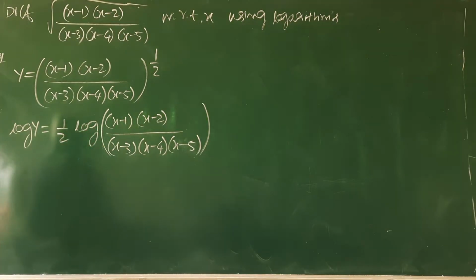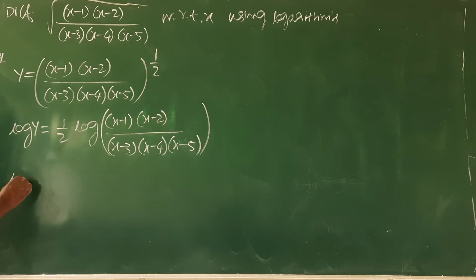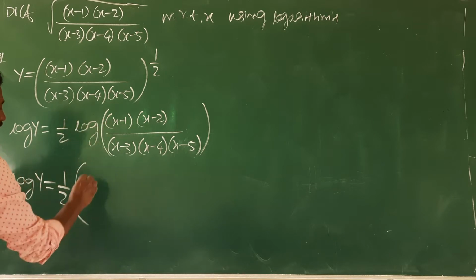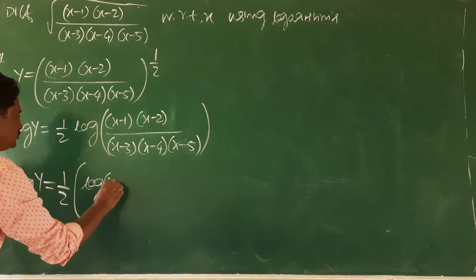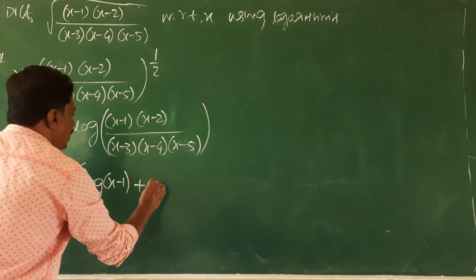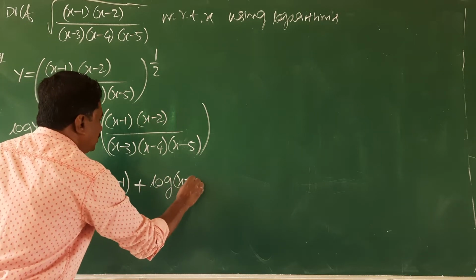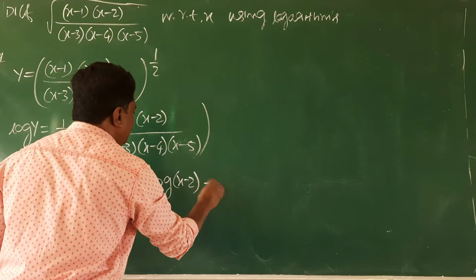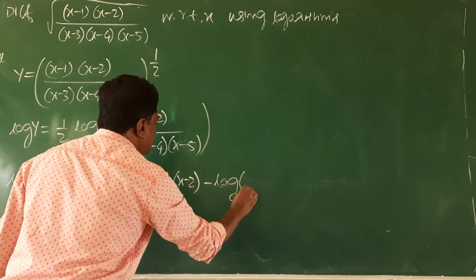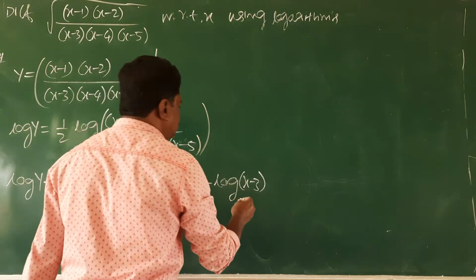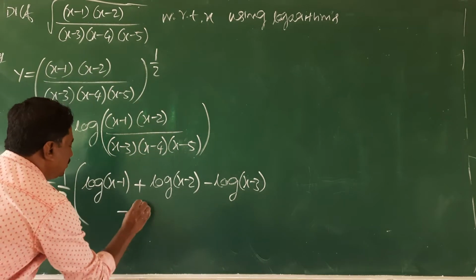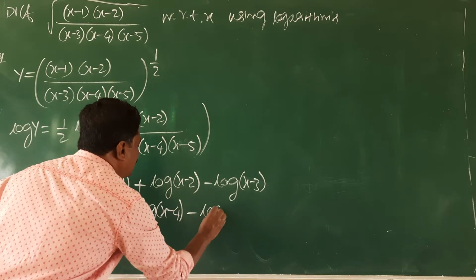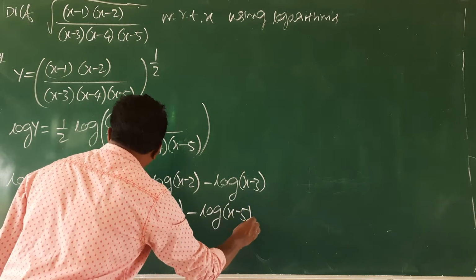So log y is equal to half into log (x minus 1) plus log (x minus 2), the numerator factors, and then for the denominator factors, minus log (x minus 3) minus log (x minus 4) minus log (x minus 5).